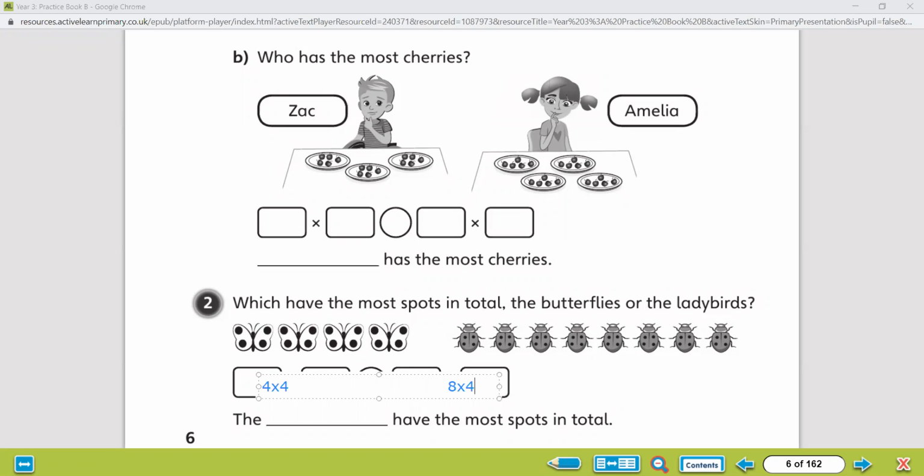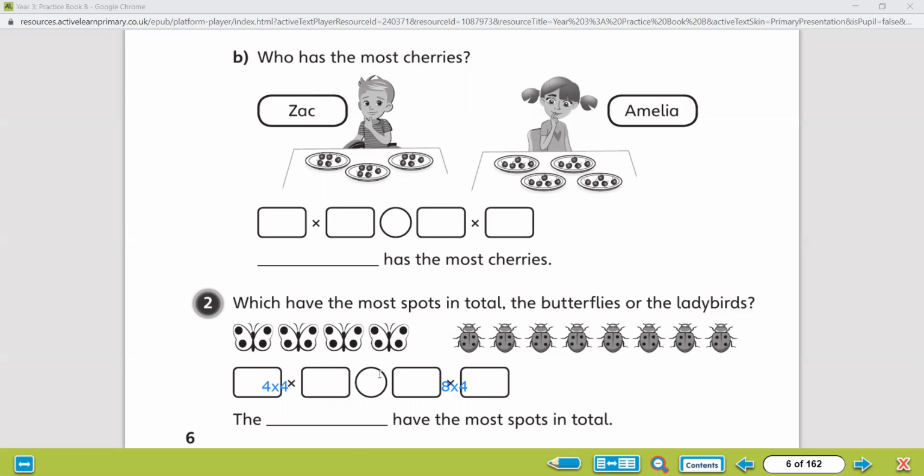We can count in 4s, or some of you might already know the answer, thinking about the relationship between the number 4 and the number 8. But I'm going to count in 4s because it's good practice. 4, 8, 12, 16. So there are 16 spots on the butterflies. Looking at the ladybirds, 4, 8, 12, 16, 20, 24, 28, 32. So there are 32 spots on the ladybirds.